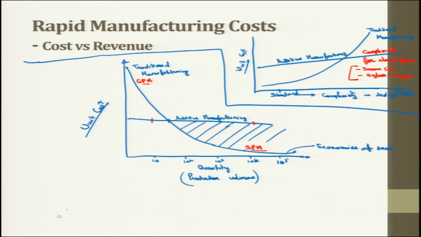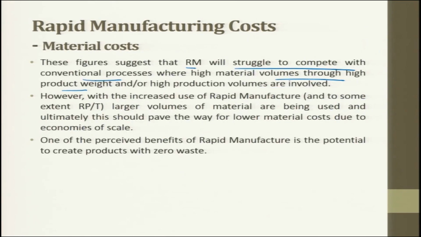At this point, traditional is better, and here, if the volume is lesser than this, additive manufacturing is better. So, this is the dividing line. The point I am trying to make is that where high material volumes and high product weight or high production volumes are involved, rapid manufacturing has to struggle.